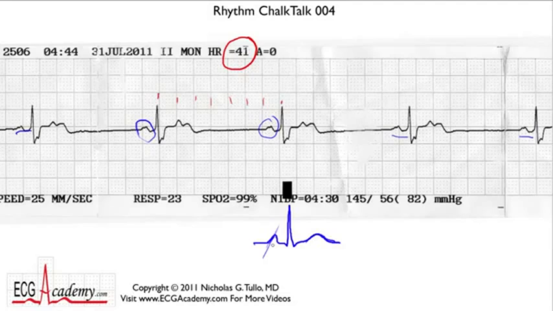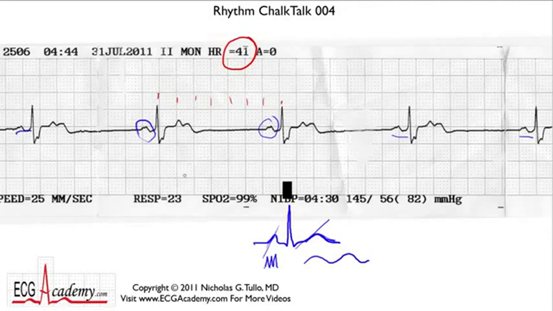P waves look a little more spiky because in technical terms, the frequency content includes a lot of higher frequency components, whereas T waves tend to be lower frequency electrical signals with slower rates of change of voltage, so they're more smooth and gradually changing in voltage. All right, so that's a clue.